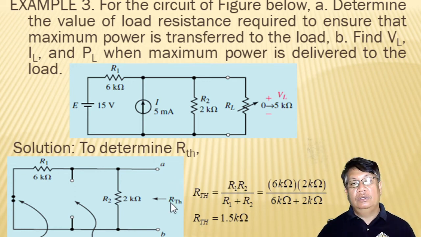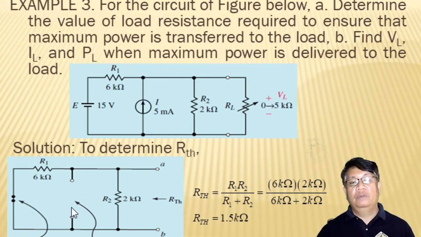Why is it called looking back resistance? Because that is the resistance seen from the load side. Again, just to emphasize, to determine the looking back resistance, or the Thevenin resistance, simply remove all the sources.